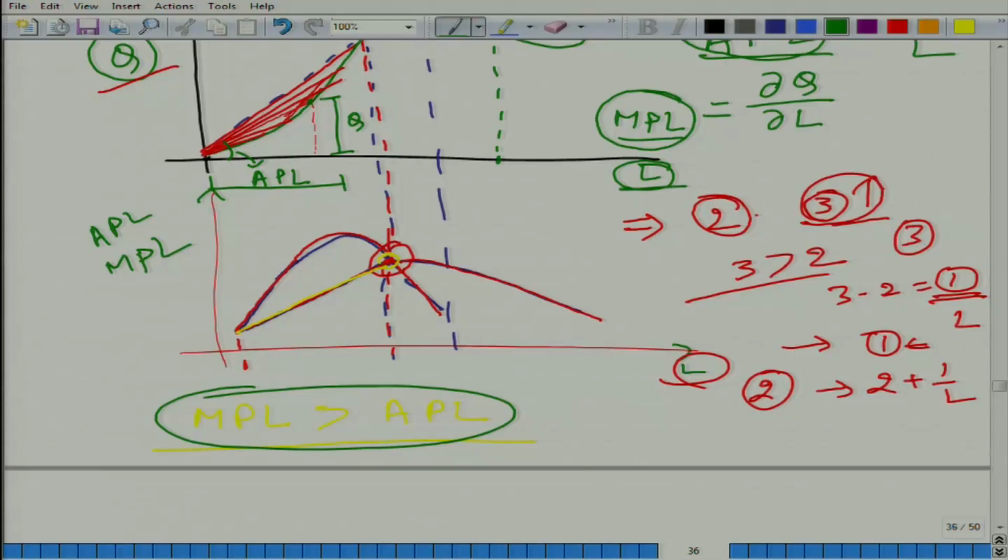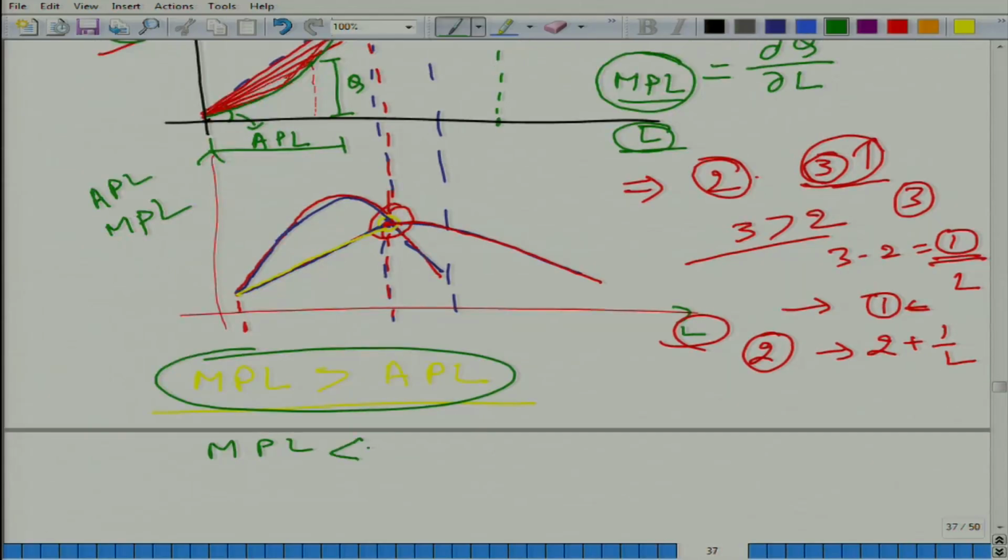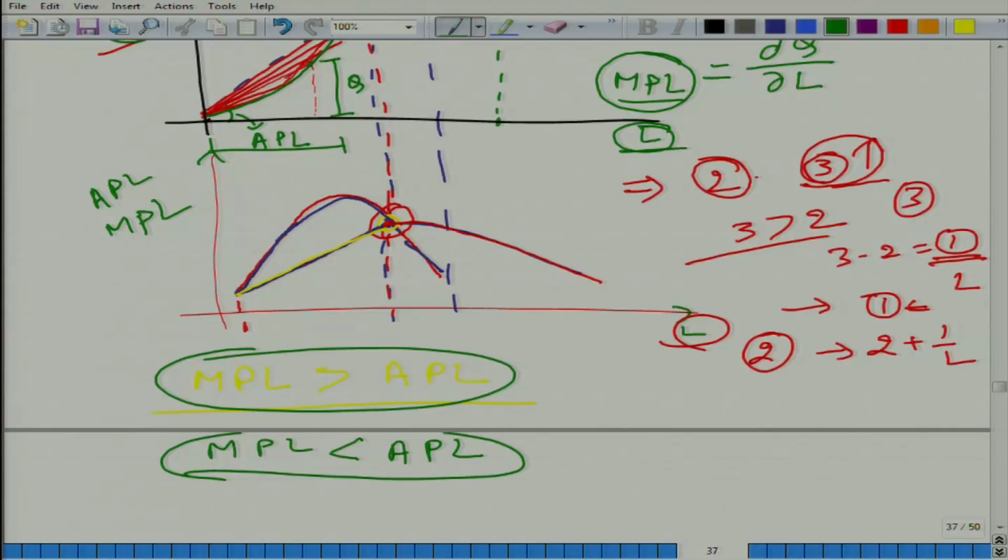Similarly, whenever you have marginal product of labor less than average product of labor, what will happen? Again the incremental contribution is less than the average. That's why it would decrease the average of all the workers, and thus average product of labor will start decreasing.